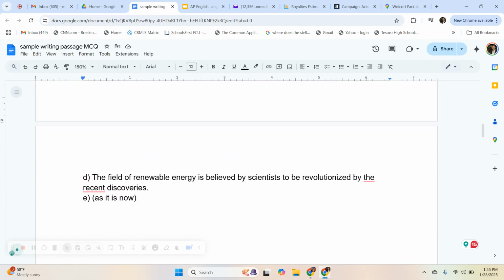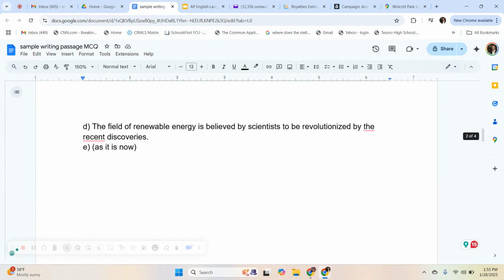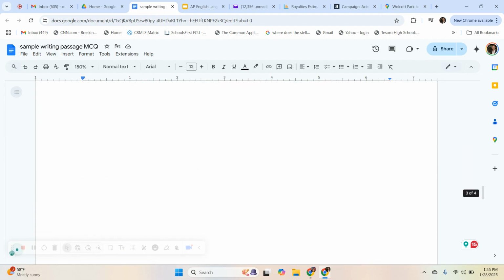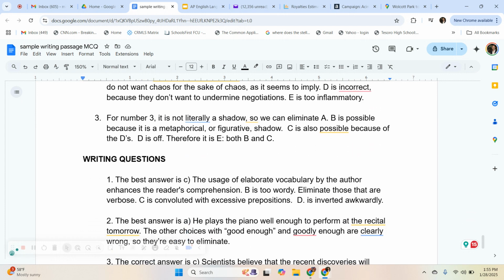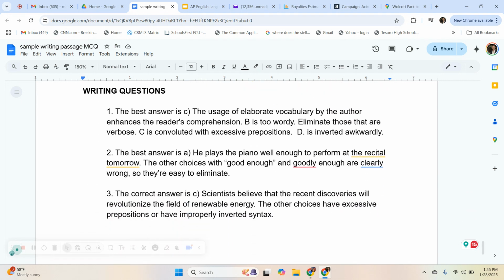And then D, the field of renewable energy is believed by scientists. Again, that's backwards, so I would eliminate that, and I don't even need to read the rest. Okay. So if you go down here, I have the answer explanations, and we're doing the writing questions. Correct answer is C. Scientists believe that the recent discoveries will revolutionize the field of renewable energy.